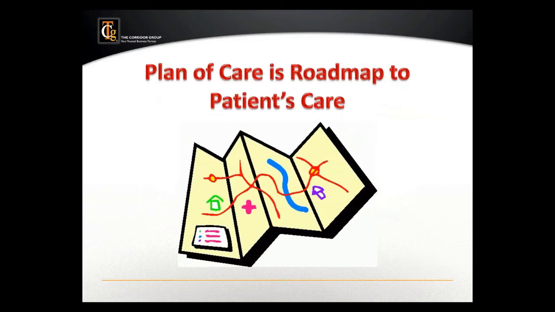And we'll see that as we move through our discussion today, that everything that is on that plan of care comes from the assessments that our nurses, our social workers, our chaplains, and our other disciplines perform. But those assessments do drive the plan of care, and that plan of care should be used as the roadmap for everything that the IDG does.